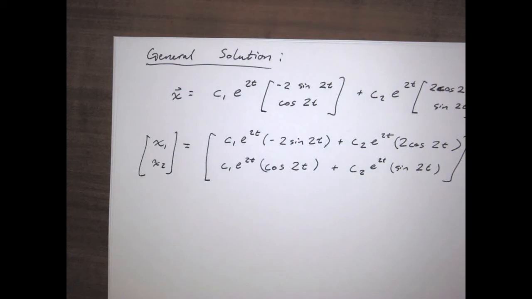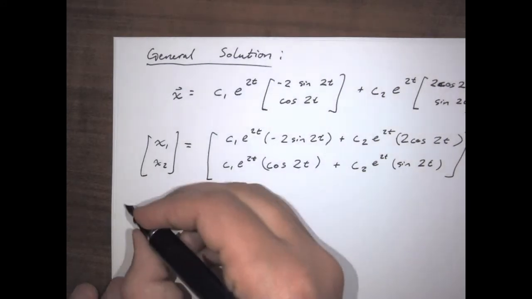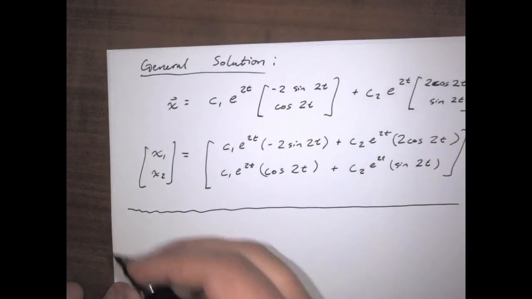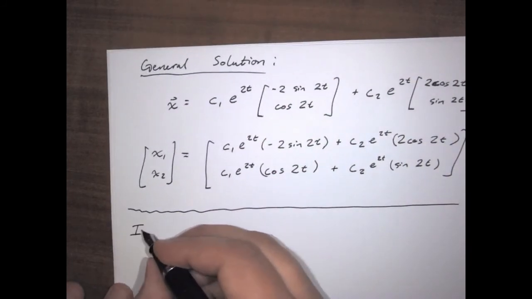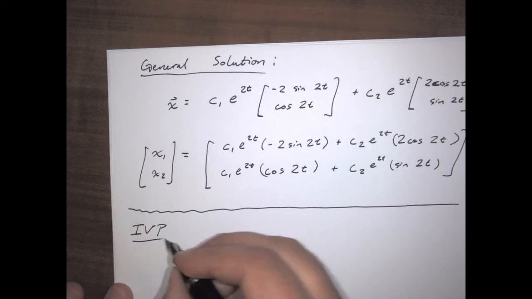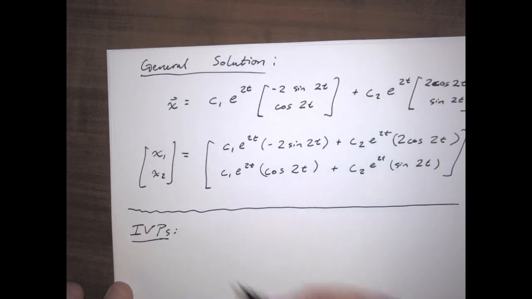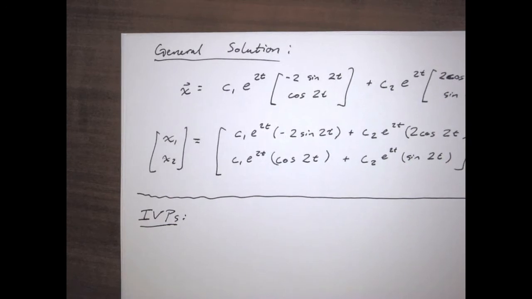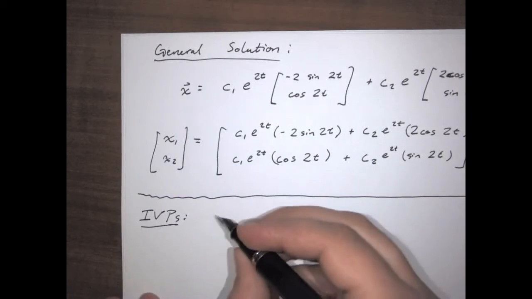Now let's, for example, try at least one initial value problem. So the initial value problems, the way these are going to work in these first order systems, is that you will just be given initial conditions for each of the variables.